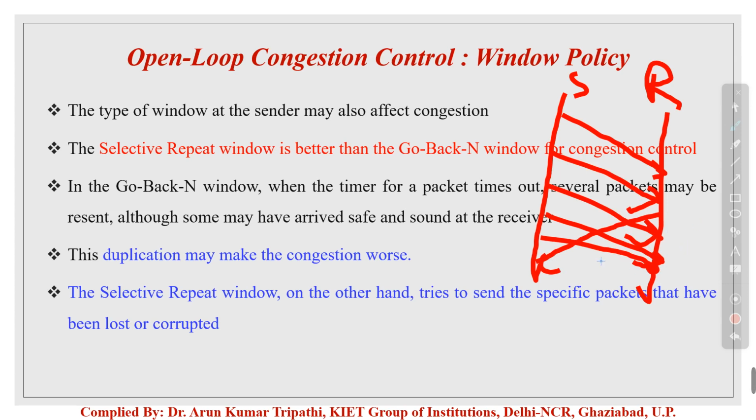So in go back N ARQ, it will resend packets 2, 3, 4 and 5. Although 3, 4, 5 have already reached the destination, in go back N ARQ it will resend all the data packets once again.